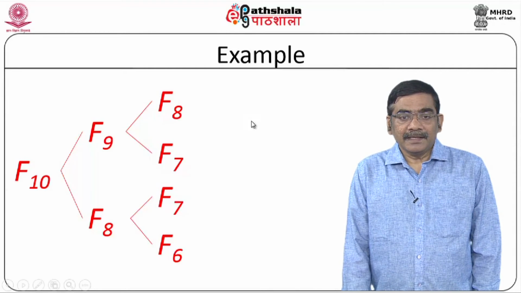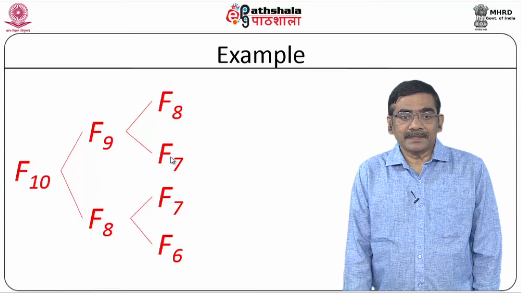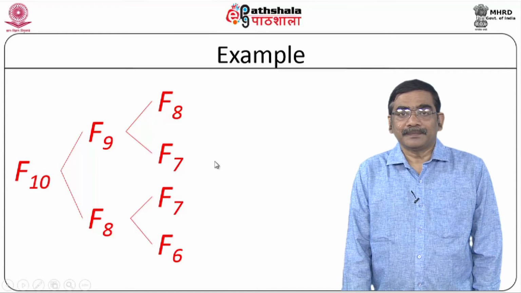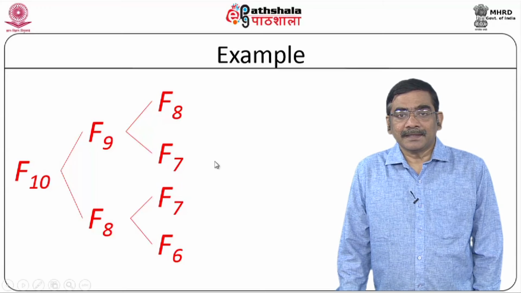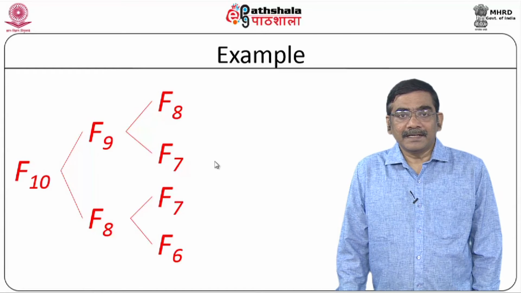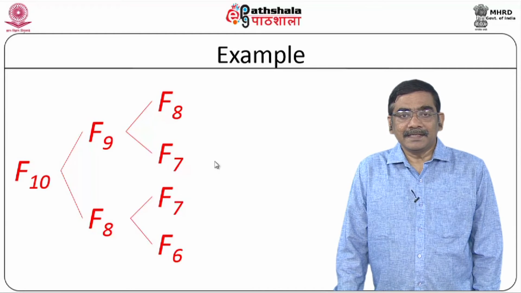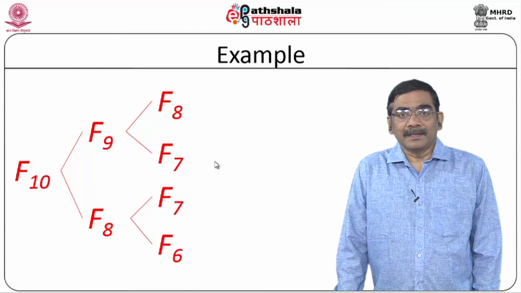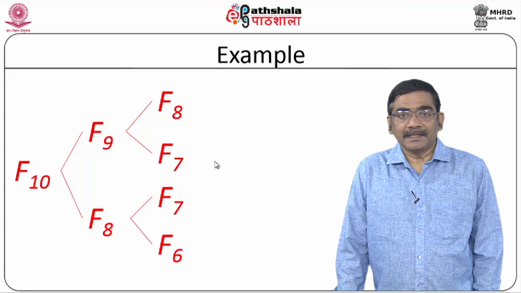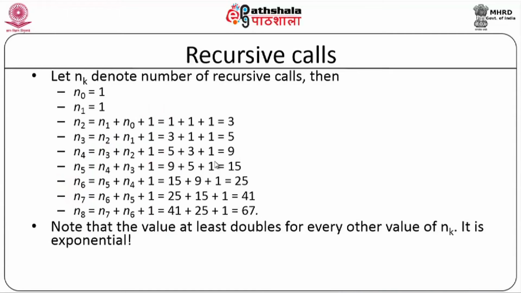You can see in this tree that F7 appears in two places. That means this is an overlapping subproblem, and there is a lot of redundancy among the subproblems. Whenever there is redundancy, the algorithm keeps on recomputing things again and again. Therefore, suddenly the complexity of the algorithm becomes more.